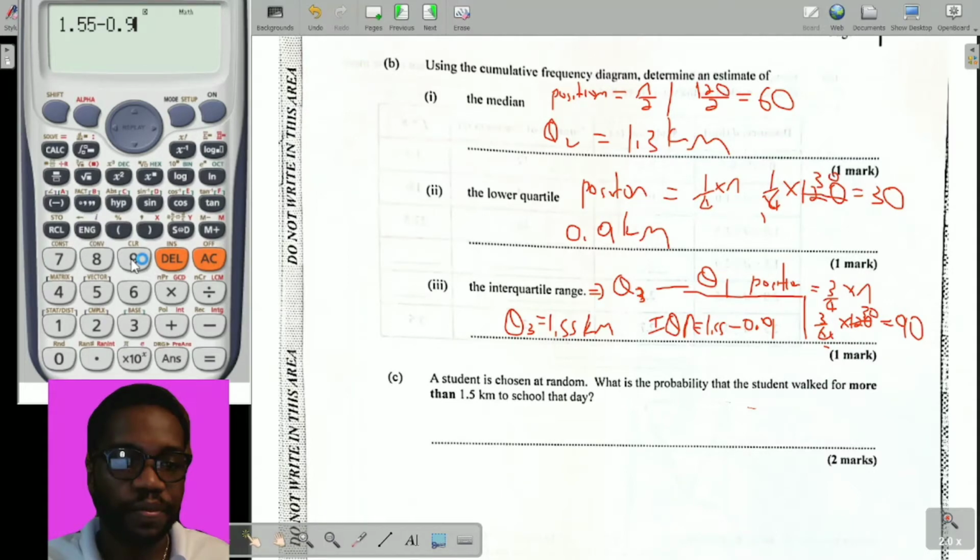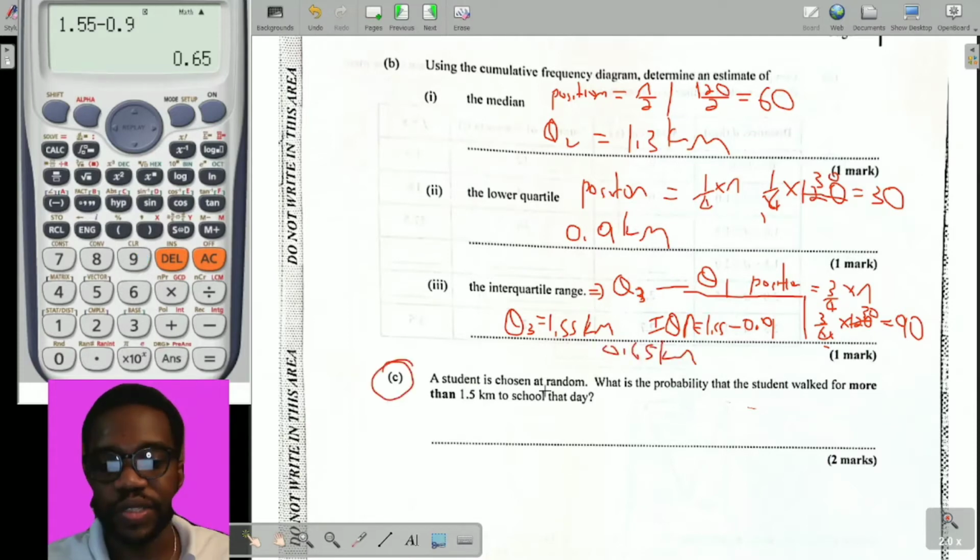Alright? Now, question C, it says a student is chosen at random. What's the probability that the student walks more than 1.5 kilometers to school? Now, since it's probability, we can set up a nice little thing.